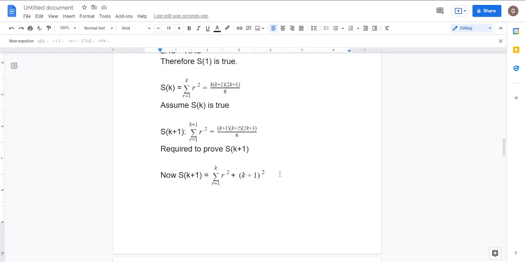So now we're going to look back at our assumption. We said that the sum of the first k terms, 1 to k, so the sum just before we get to the last term, is the same thing as this. Since we're assuming they're equal, we can use them interchangeably, which means I can replace one with the other.